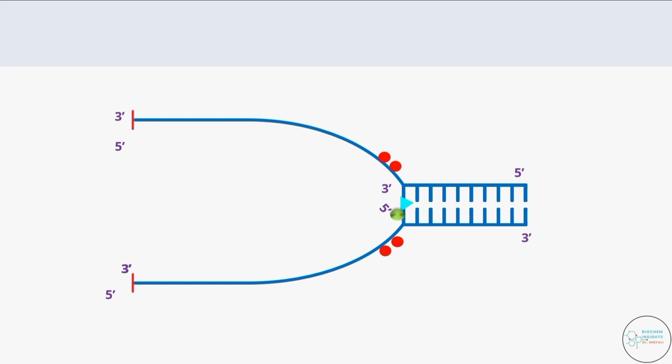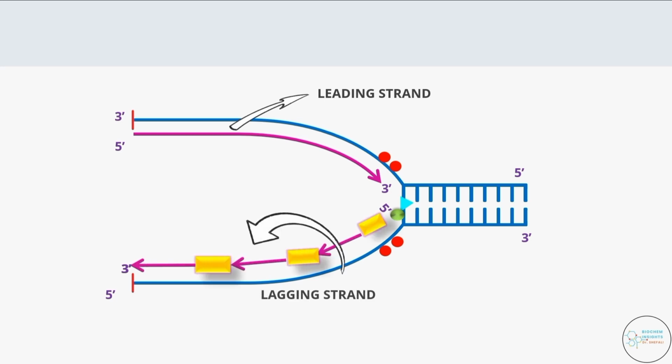So reading the top strand in 3' 5' direction, DNA polymerase will synthesize leading strand in 5' 3' direction, right? Similarly, reading the bottom strand in 3' 5' direction, DNA polymerase 3 synthesizes lagging strand in 5' 3' direction away from the replication fork, right? So the top strand will be the leading strand and the bottom strand will be the lagging strand.